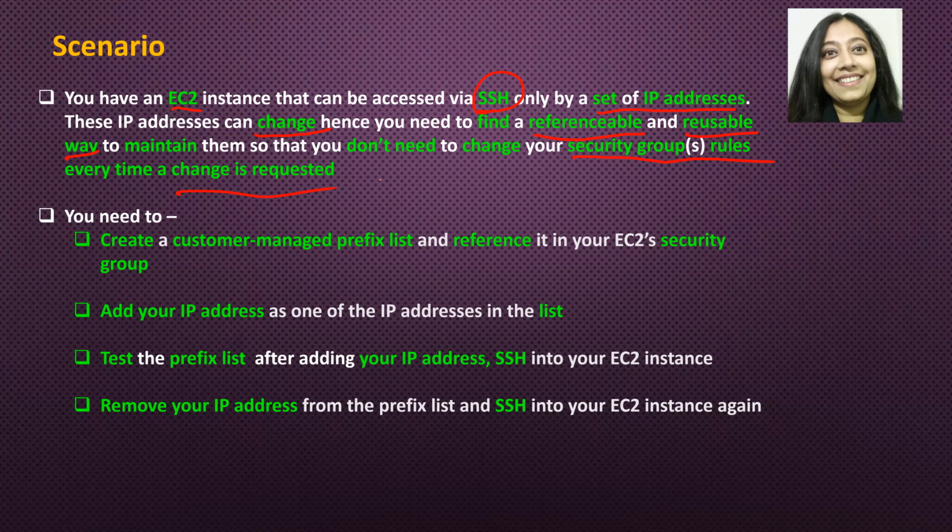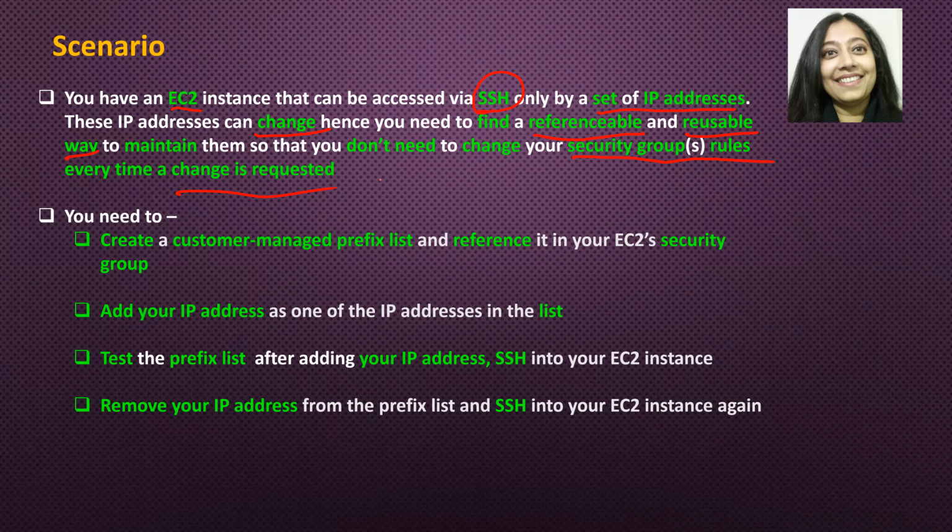But if those CIDR blocks keep on changing, then you have to find a way wherein you can create that in a separate location, like a list, and then reference that list in your security group or groups, so that you don't keep on changing the rules within your security group, correct? You just need to go and change that single list, the single repository where those IP addresses are stored or maintained.